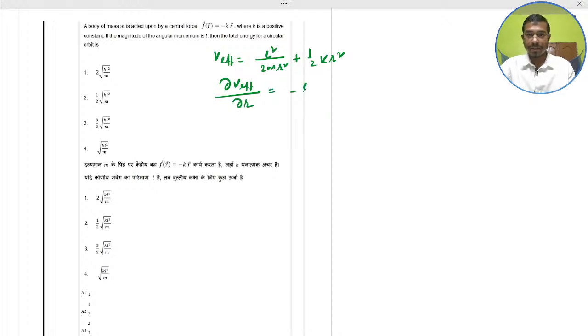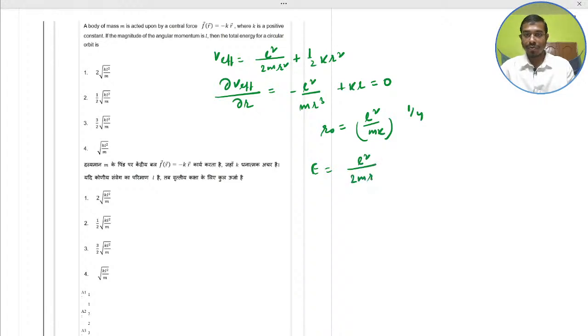Del V effective by del r: minus L square by m r cube, differentiate, plus kr. So this should be 0. So r naught would be what? L square by mk to the power 1 by 4. And the total energy, kinetic energy plus potential energy, means L square by 2m r naught square plus half k r naught square. Put this value and you have to get the value of the total energy.